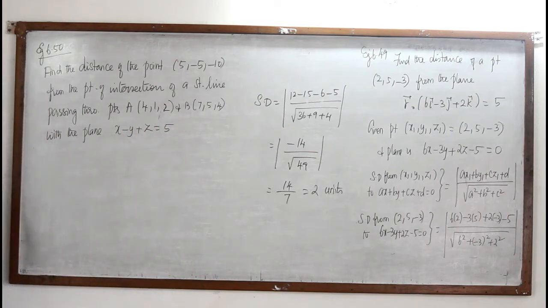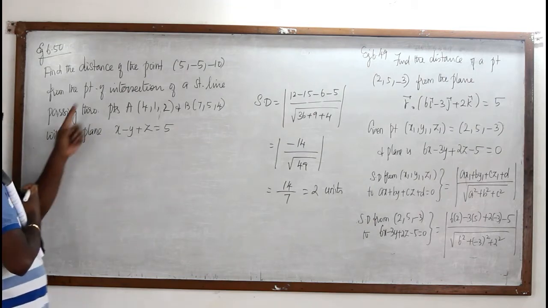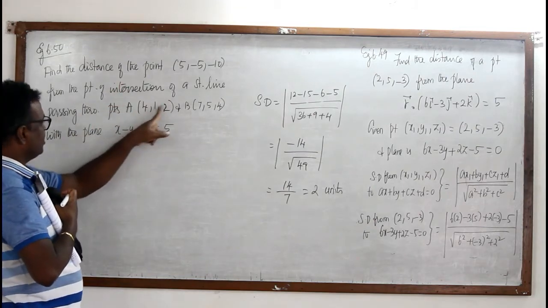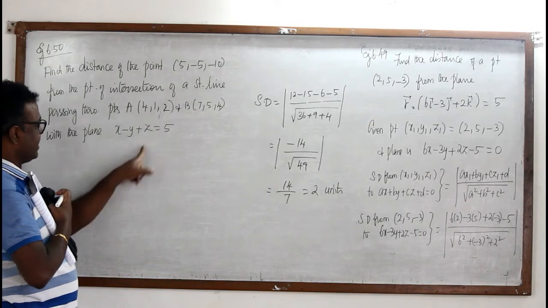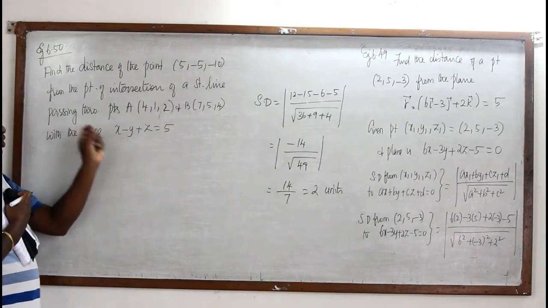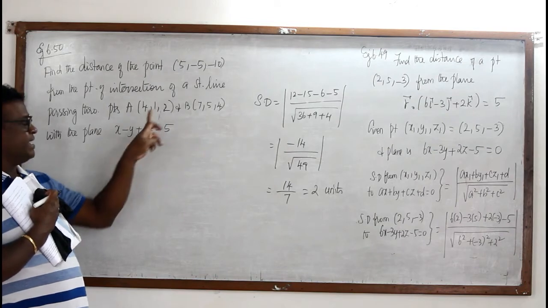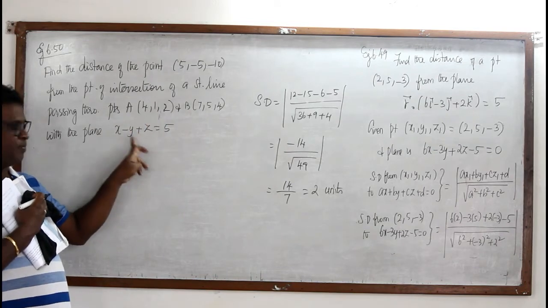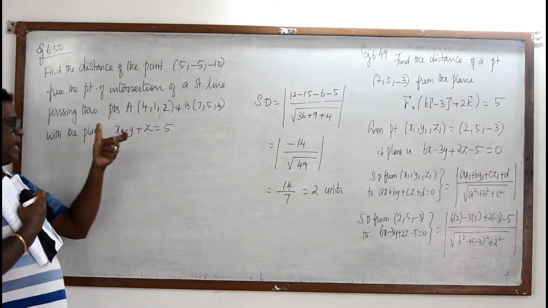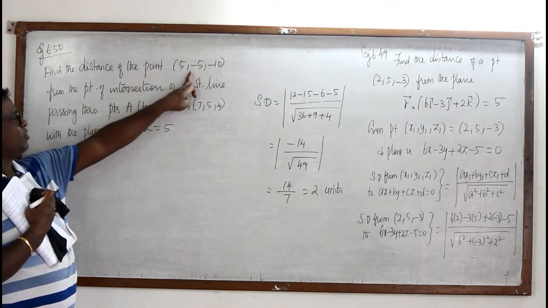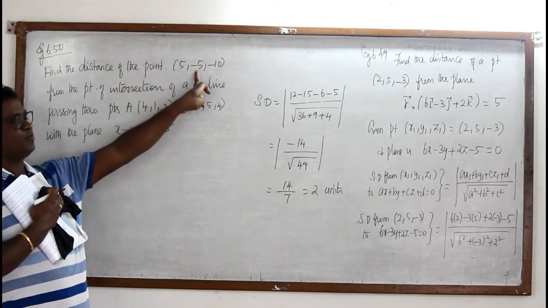To follow the problem, there is a line passing through these 2 points and intersecting with this plane in a point. I will get a point and I have to find the distance between that point and this point.